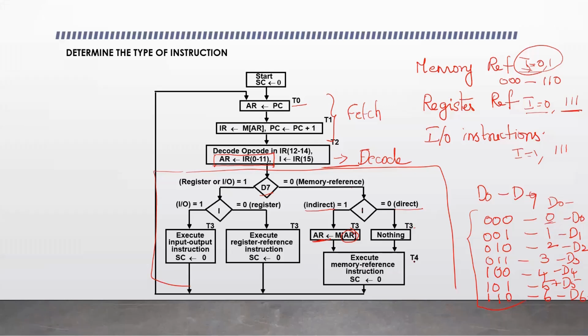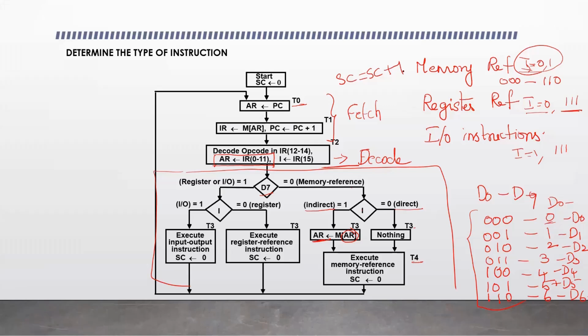So at time T4, by default, the sequence counter gets incremented for every process. If you see in the beginning, it is T0, the first step, and then we don't need to explicitly write the statement SC is equal to SC plus 1. We have seen it yesterday: the sequence counter by default increments by 1.